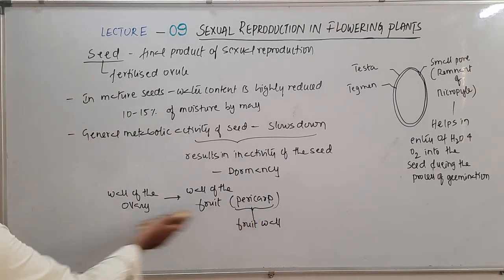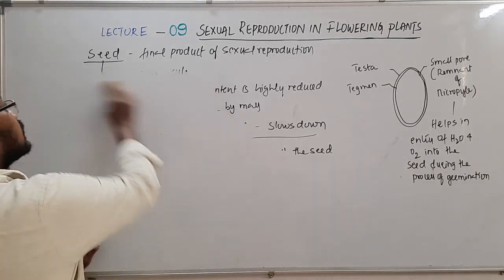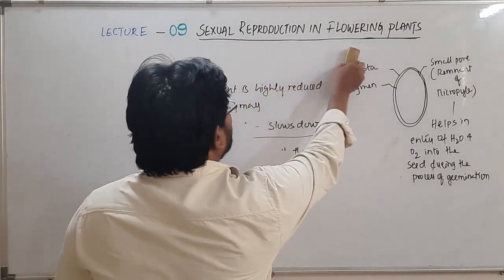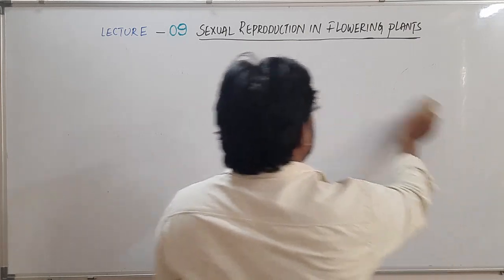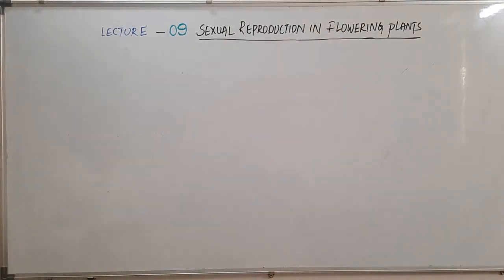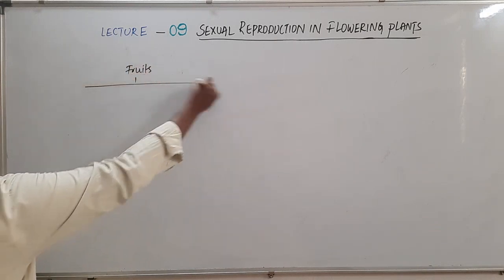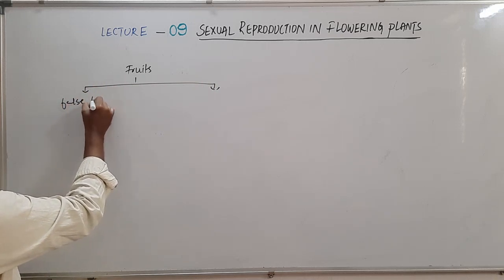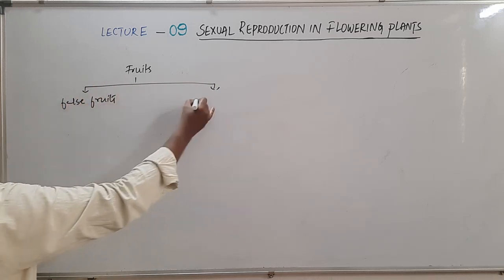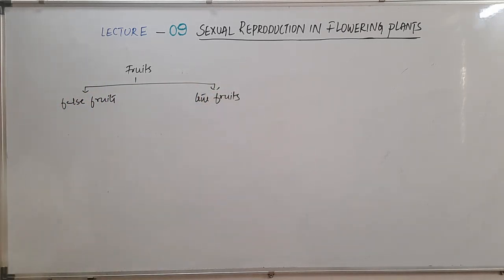Next, fruits can be classified into two types: false fruits and true fruits.